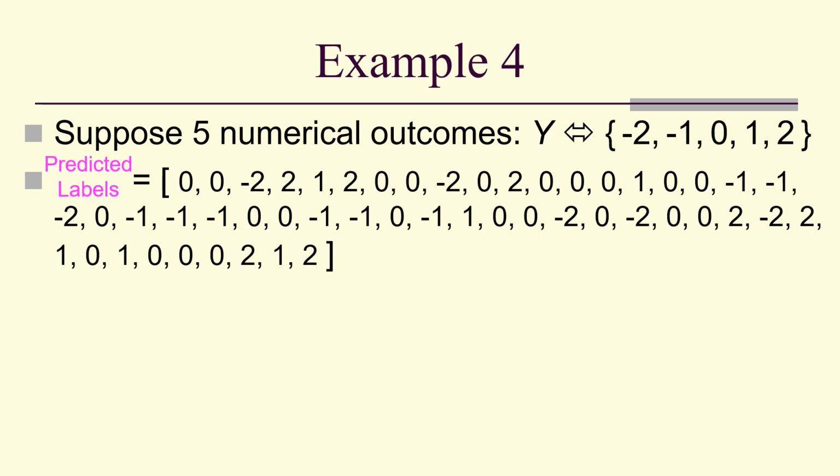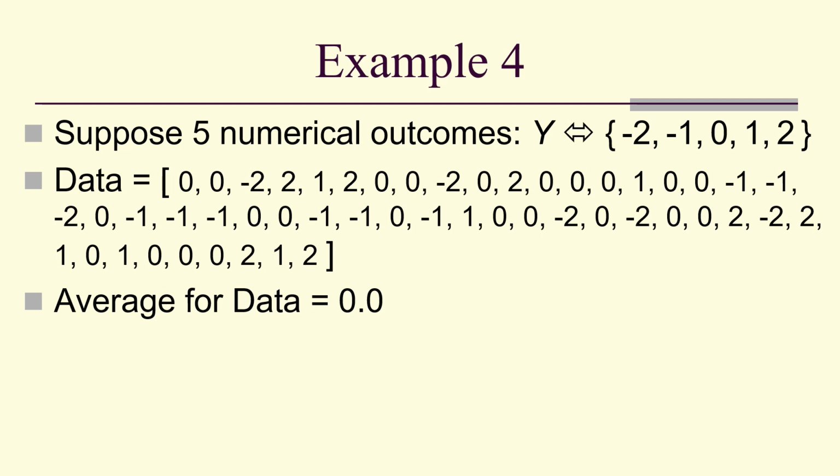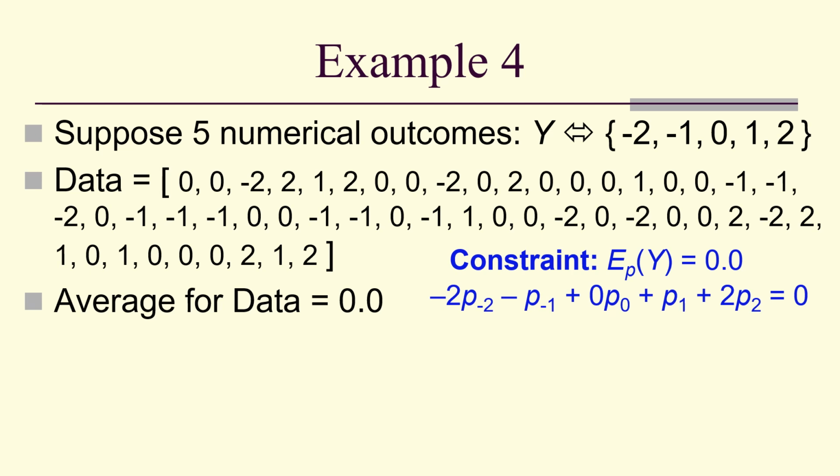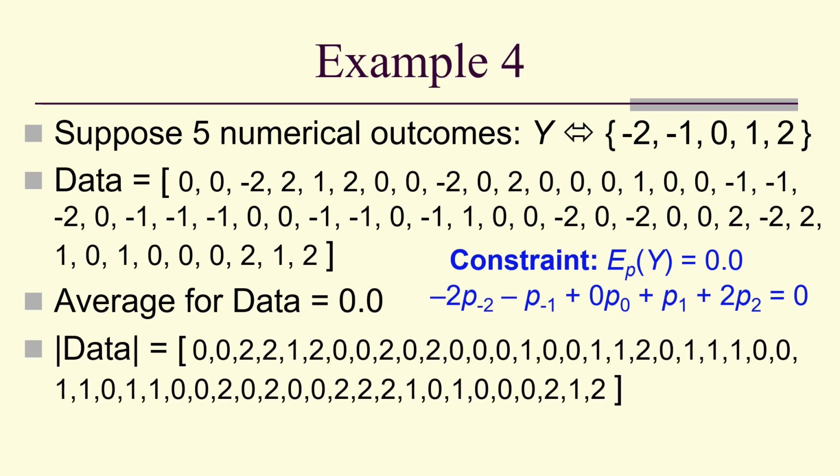Here are our predicted labels. So we ran through our classifier and we got these predictions, and our data, therefore, is these predicted labels. The average for the data, in this case, turns out to be 0. And so our first constraint is that the expected value of capital Y is 0, which looks like this.